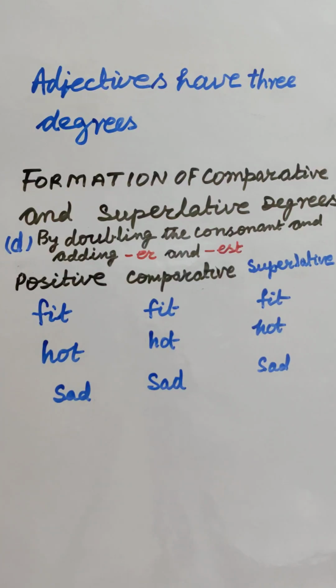The second way is by doubling the consonant and adding er and est if the word ends in a consonant with a vowel before it, like fit.